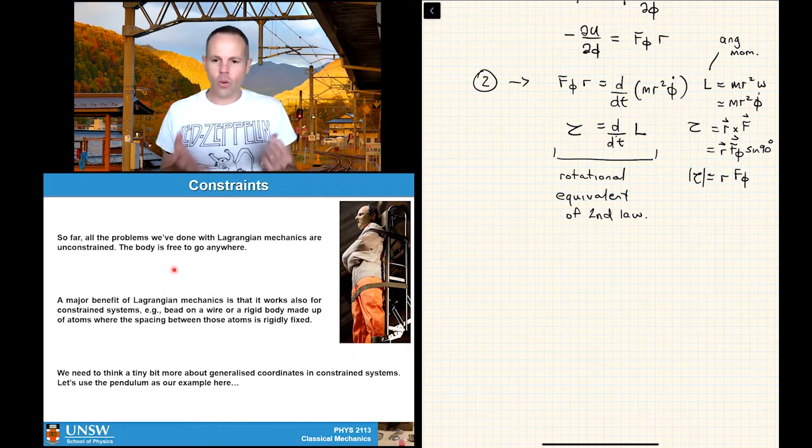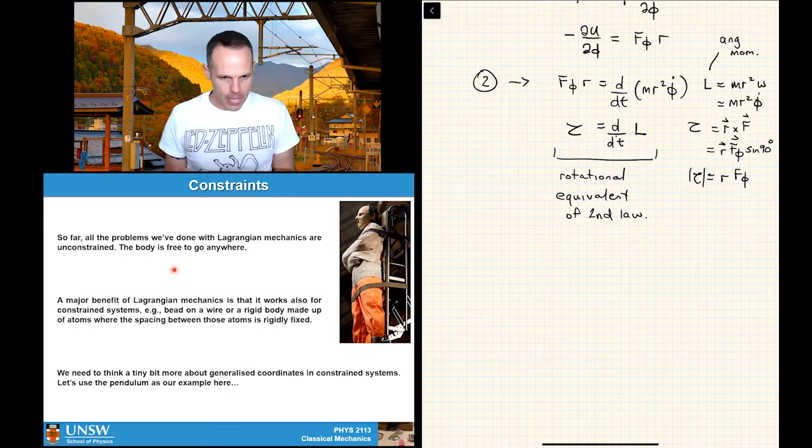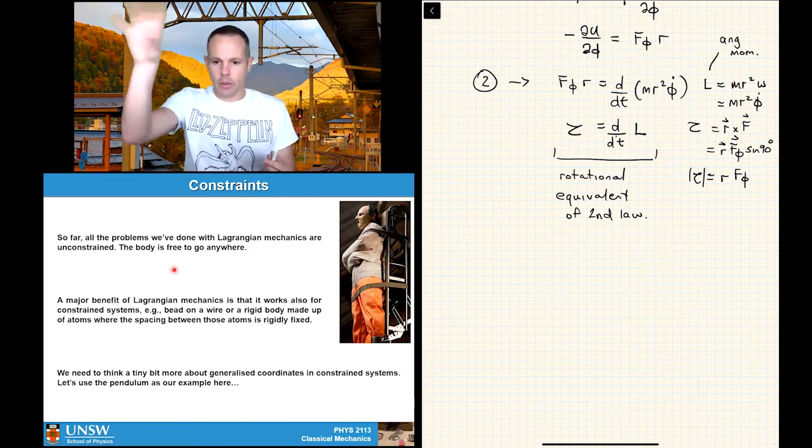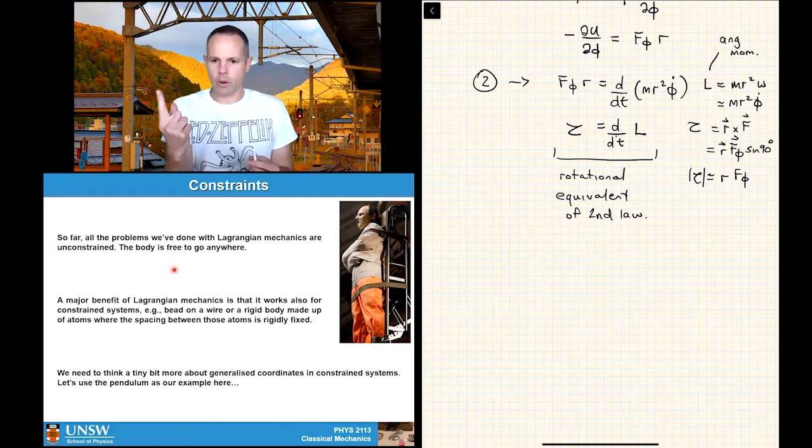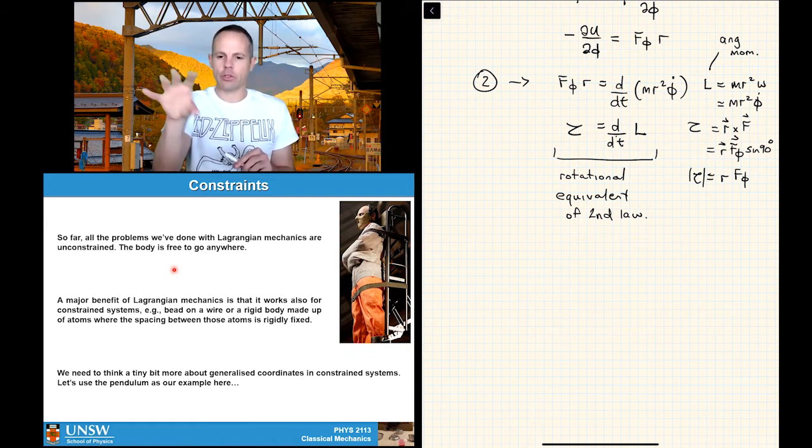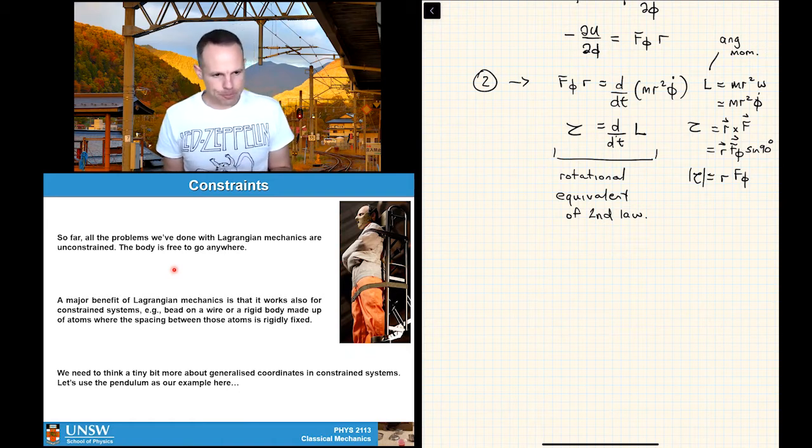And so far, all the problems we've done in Lagrangian mechanics, and we haven't done many of them, are mostly unconstrained, okay? Particularly the problem we just did, a free body that can go anywhere it wants. There's one body, there's 2 possible coordinates for it, since we've restricted it to a 2D system. And we have to solve all of the equations for all of the coordinates in there, okay?